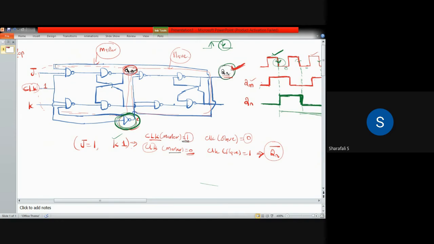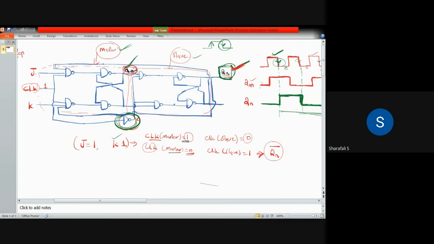So with that we can avoid the race around condition, because for example, when the master is active, you will be having your output change up to here. That will not affect your total output because the slave is inactive. The slave is not operational now, so you will be having the same output as such.